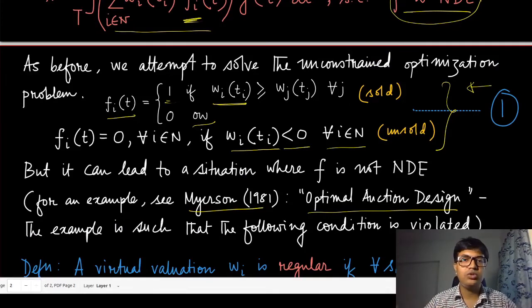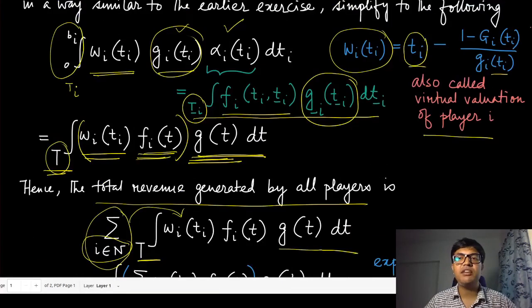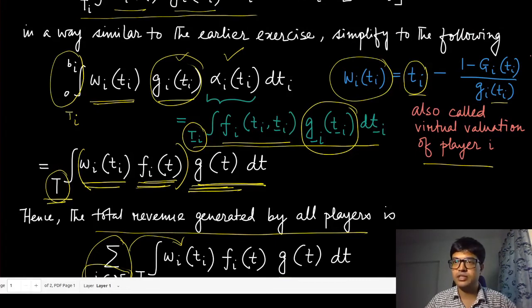So this point 1 that we have made: you can allocate the object to the agent whose virtual valuation is the maximum, and keep it unsold if everyone's virtual valuation is negative. And you can notice that the condition that we have imposed earlier, the monotone hazard rate condition, if we impose it for each player, then definitely this WITI is going to be monotone increasing. But ensuring monotone hazard rate for every agent is much more demanding than the condition of regularity.